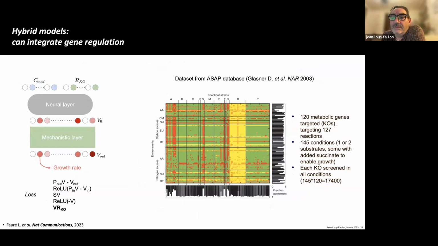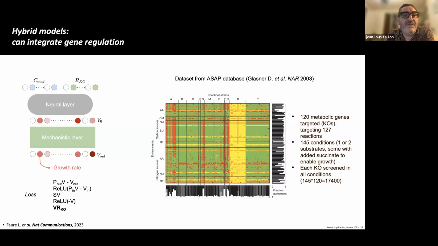And what was done in this study was, for each of the wells, there were 120 different metabolic gene targets that were knocked out. So at the end, you had 145 conditions, 120 knockouts, so more than 17,000 data points. That's a very nice system to work with here.